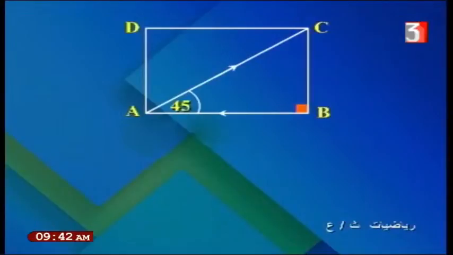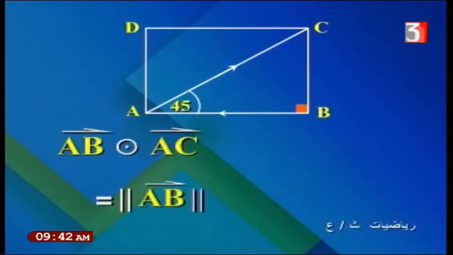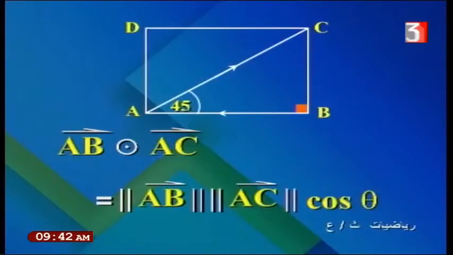ABCD is a square, AC is the diagonal. The angle between AC and AB equals what? 45. Therefore, my dear student, AB scalar product AC equals norm of the first times norm of the second, cosine angle between them.